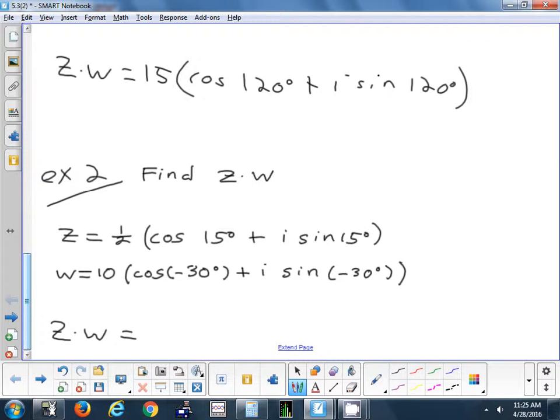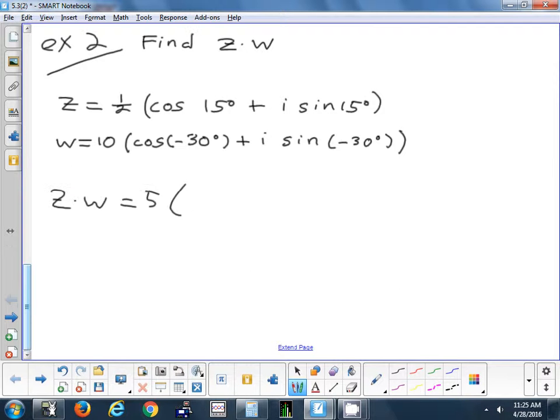Take a half, take 10, multiply together. And what's my angle? Negative 15. First angle is 15. Second angle is negative 30. Add them up. Negative 15.